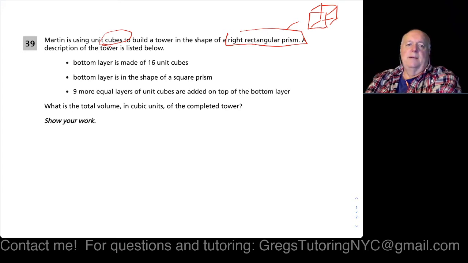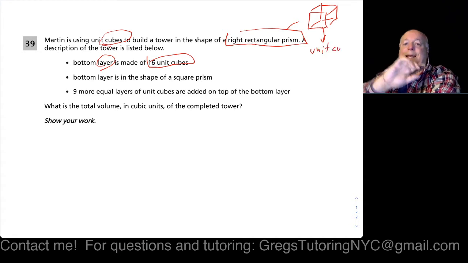The bottom layer, what do they mean, layer? Bottom layer is made of 16 unit cubes. So if we consider that as a unit cube, the bottom layer is 16. So that does not mean we go up 4 layers.